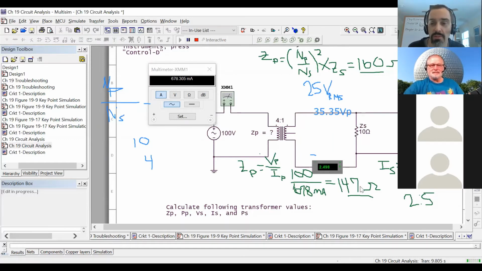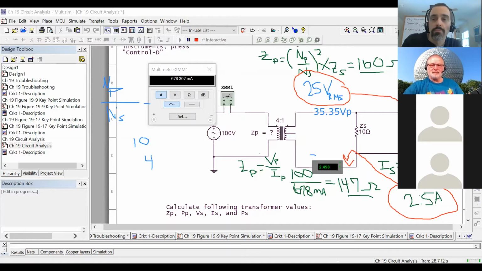So this measurement is the same as that calculation. Pretty neat, huh?